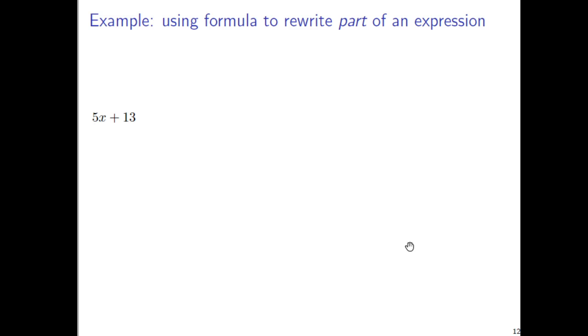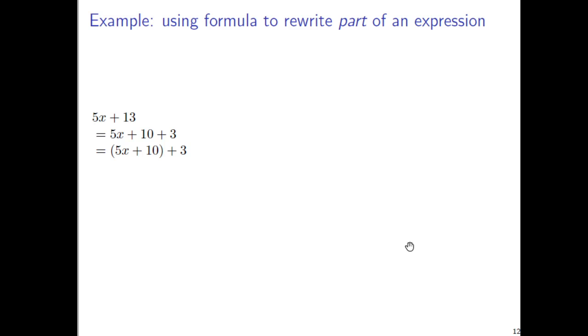Okay, so sometimes you will use a formula to just rewrite part of an expression. We sort of already previewed this, but for instance, if you were given 5 times x plus 13, you might choose to rewrite this as 5x plus 10 plus 3. So 13 got replaced with 10 plus 3. And then, just to form the good habit for now, you might skip this step later, but for now, let's insert a set of parentheses.